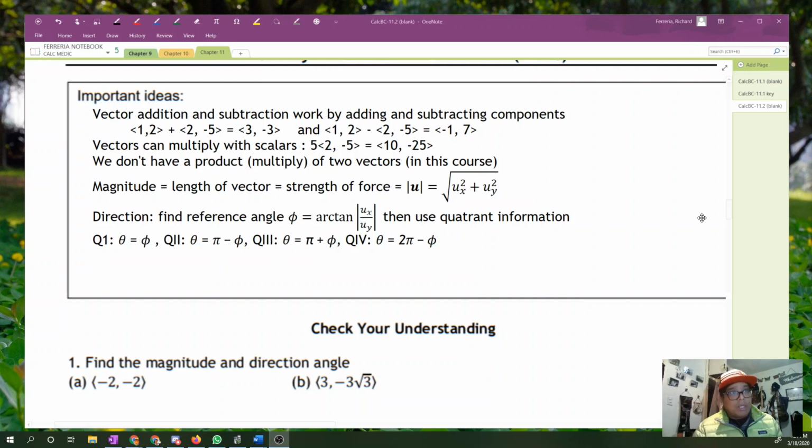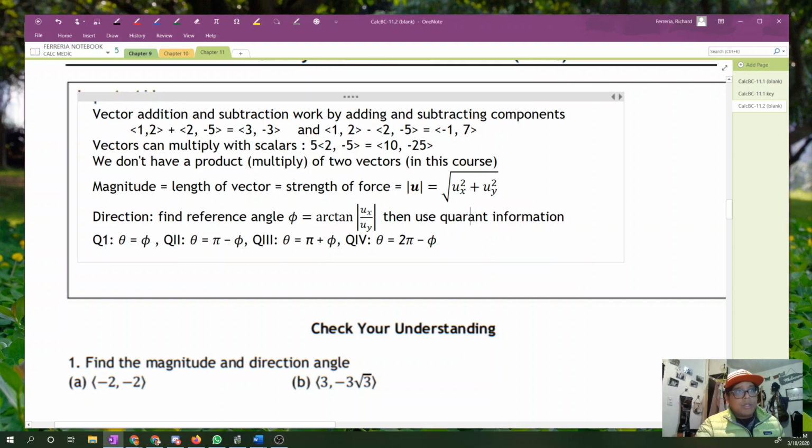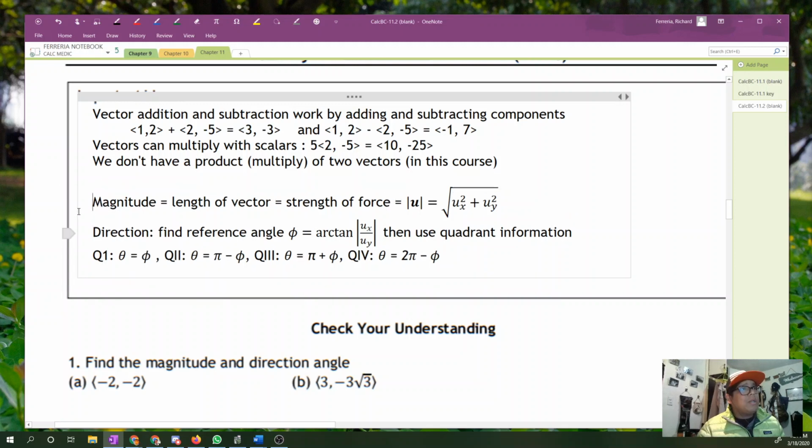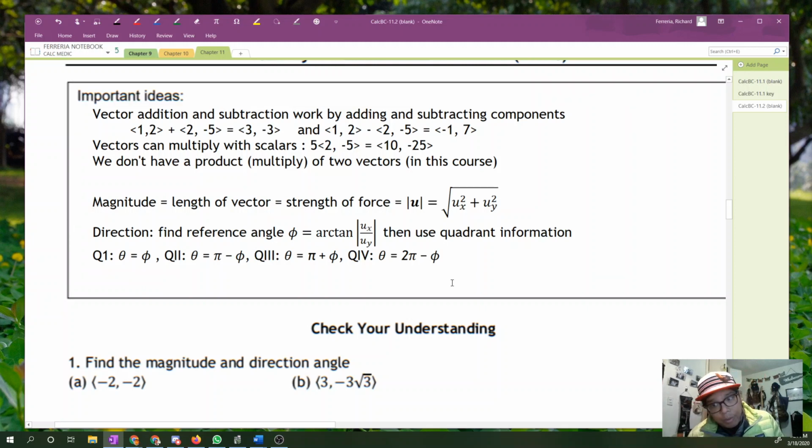Okay, so here is our important information. I noticed I misspelled quadrant. Our important information just kind of distilled down to the bare essentials here. We've got concepts of vector addition, vector subtraction, some multiplication, although we're never going to multiply two vectors together in this class.